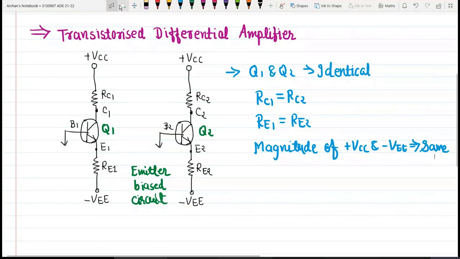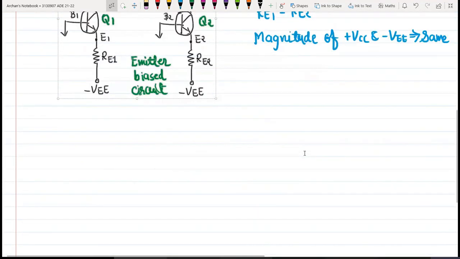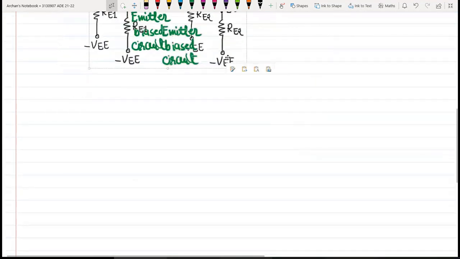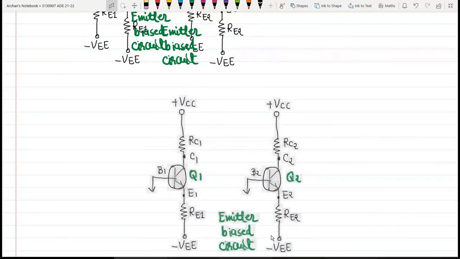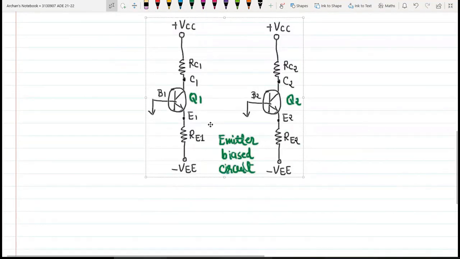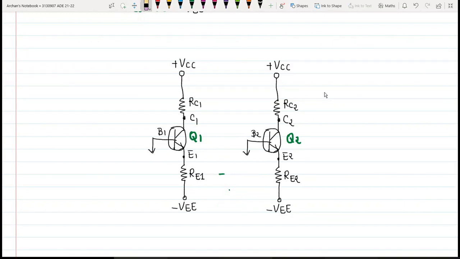Now let us see this circuit. I am taking the circuit. Right, this is my two emitter biased circuits. Now what is the change?